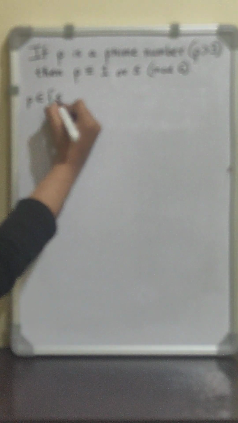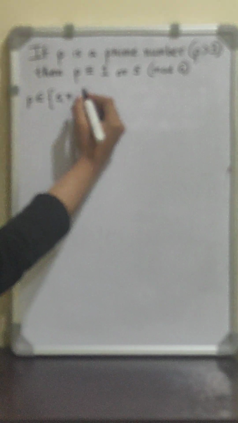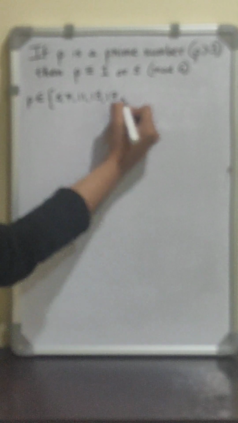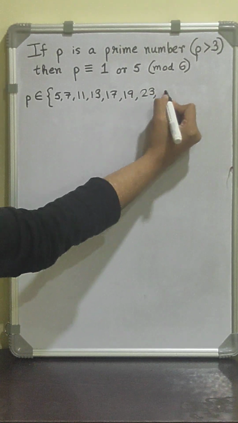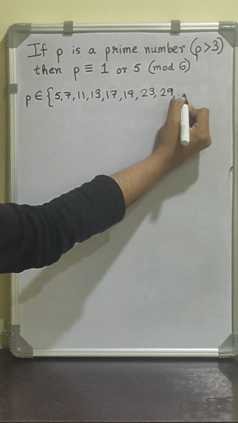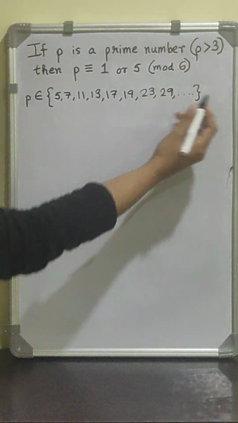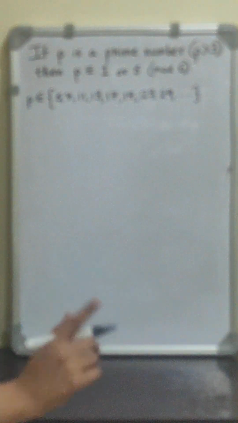So that's 5, 7, 11, 13, 17, 19, 23, 29, and so on. This goes on. This is a countably infinite set, like I have explained in some other videos of perfect squares.